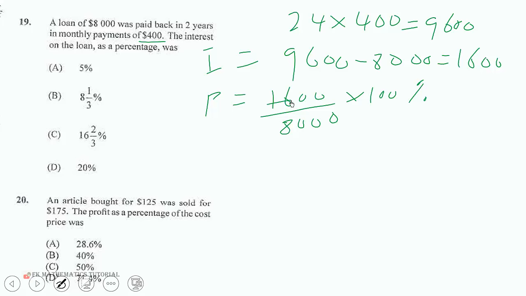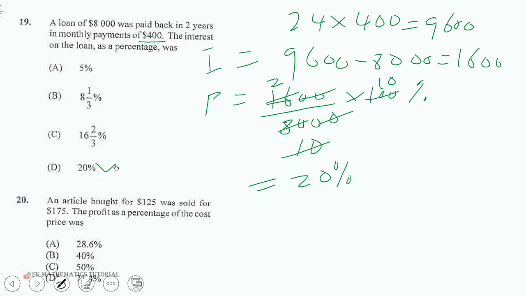Let's see. This will cancel this. Now 8 will go here 10 times. 8 will go here 2 times. So that will be 20. 2 times 10 is 20. So 20%.